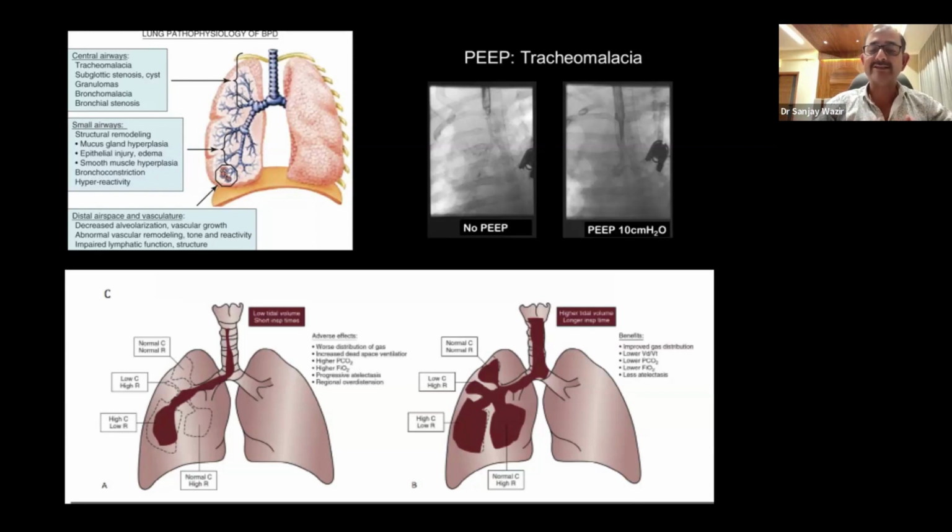But if it is a very extensive kind of BPD, for example the one on the right side, you see there are areas where there is a lot of bronchomalacia and tracheomalacia. In this case, a lot of air would get lost somewhere in the bigger airways. So say, for example, this tube can accommodate 1 liter of air.